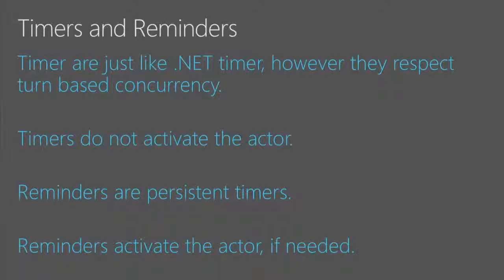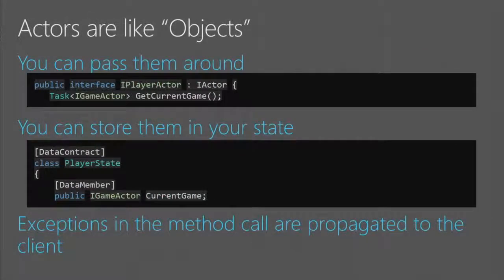Reminders are also persistent in the sense that they have the exact same reliability guarantee as your state. So if you are using the default state providers, your reminders will be there even after a failover. So you can say, hey, remind me every 10 minutes. It will remind you every 10 minutes. It will activate your actor and make a call into your actor, whatever you specified when you created the reminder. Right?